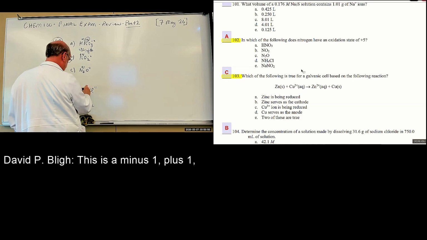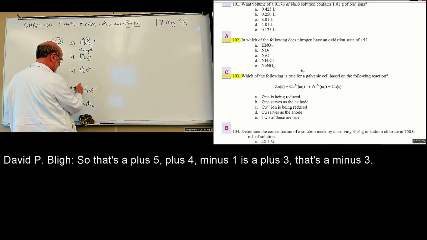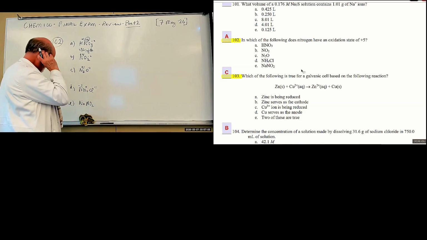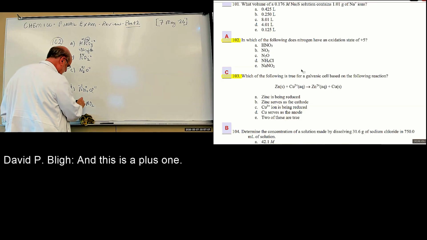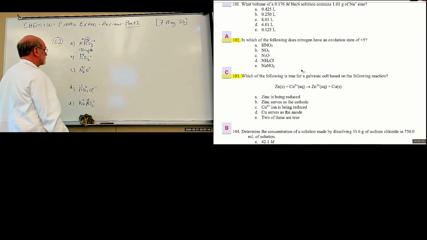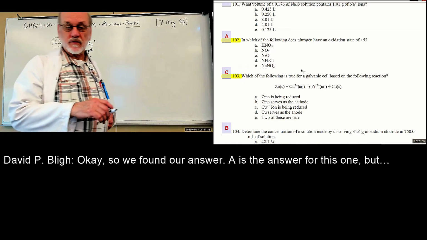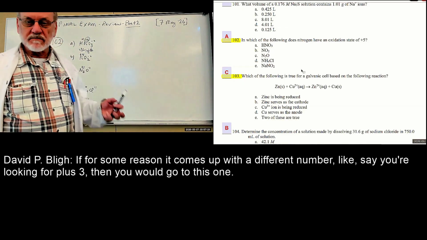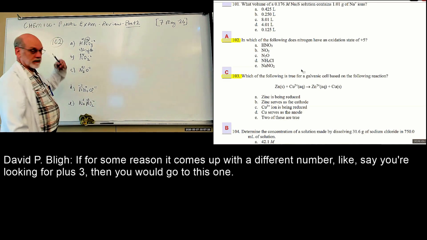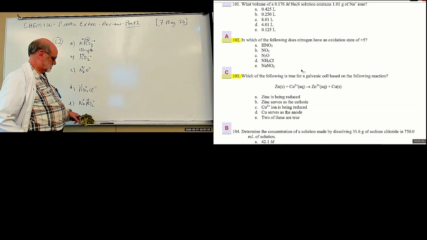This is a -1, +1, so that's a +5. +4, -1 is a +3, that's a -3. And this is a +1, -2, -4, -3, +3. There we go. Okay, so we found our answer. A is the answer for this one, but if for some reason it comes up with a different number, say you're looking for +3, then you would go to this one.